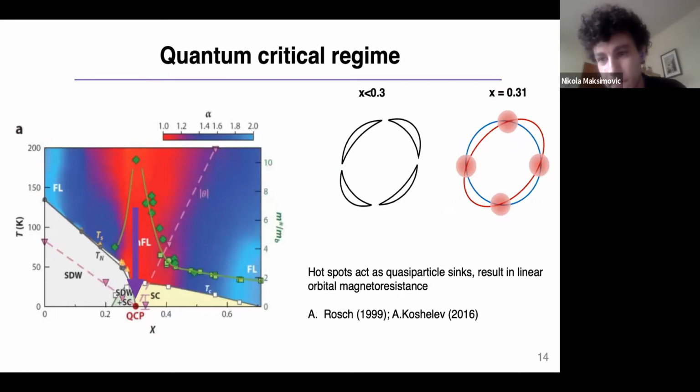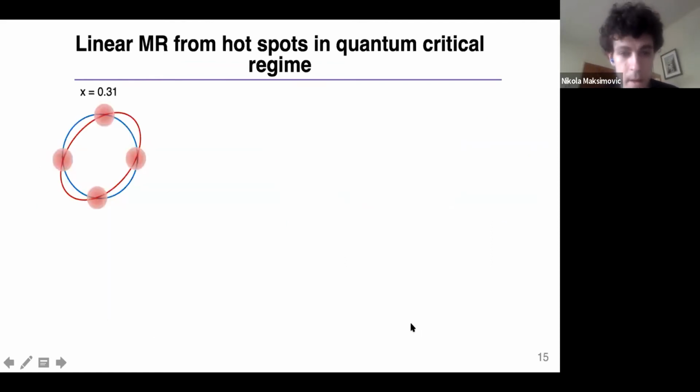But it turns out that these regions of very high quasi-particle scattering can also act as quasi-particle sinks. This has been explored by Achim Rosch and Alex Koshelev as well. Actually, Alex Koshelev did this calculation of magnetoresistance specifically for the Fermi surface of barium-122.